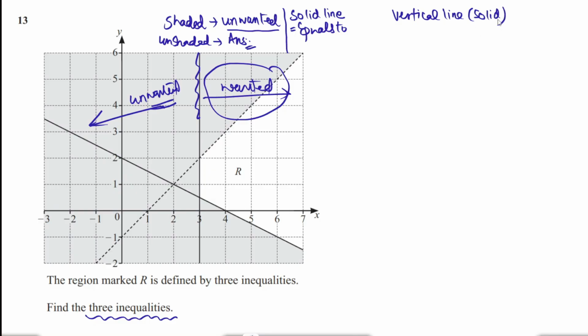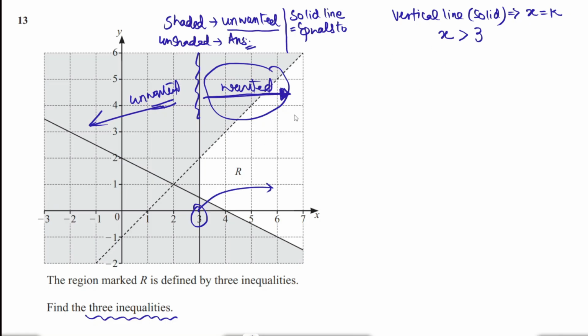So for a vertical line, the equation is always in terms of x equals k, whatever the k is. Here the value of k is 3. And since it is an inequation and the wanted region lies on the right side of the line, it comes out to be x greater than 3.